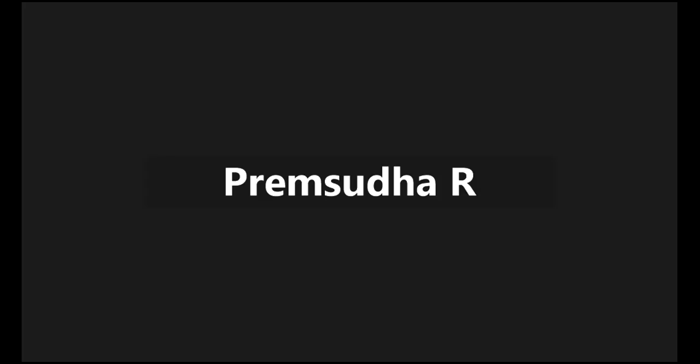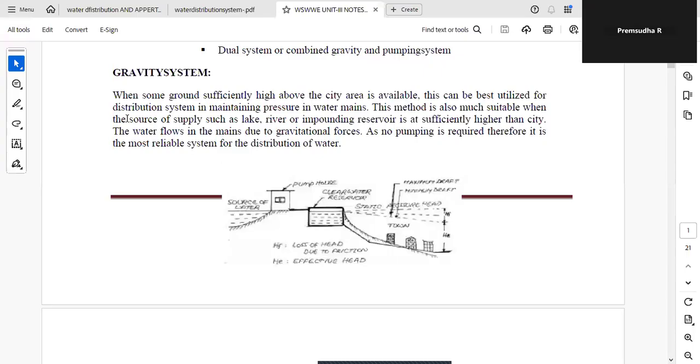Gravity system. If the ground in the city area is high, then the distribution point is there. This method is also much suitable when the source of supply such as lake, river, or impounding reservoir is sufficiently higher than the city.